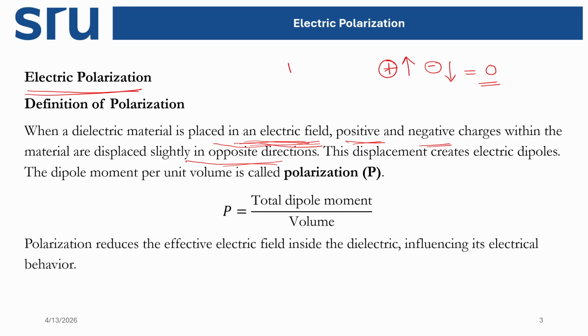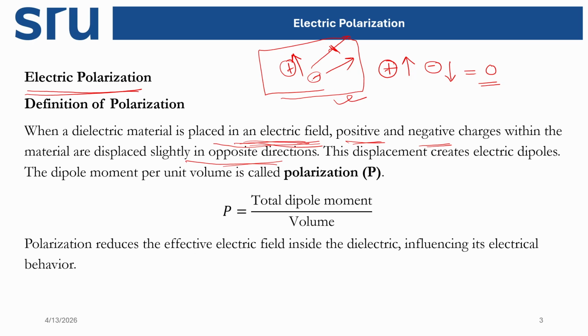But let's say the positive charge is in one direction and the negative charge is in another way. Then there will be a net dipole in one particular direction. For a dielectric substance, we have this kind of dipole moment in the molecule due to the displacement of positive and negative charges, and they are not exactly opposite to each other. So we get a net dipole moment of the molecule.